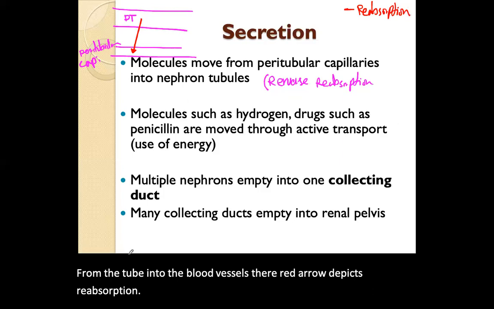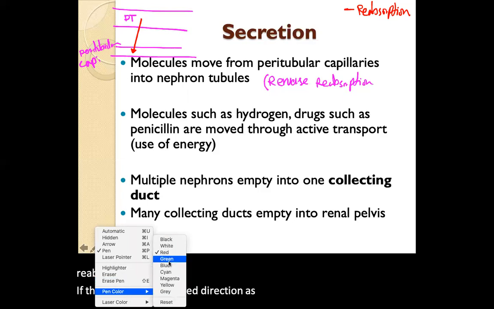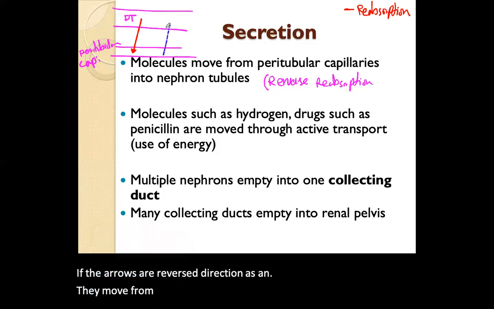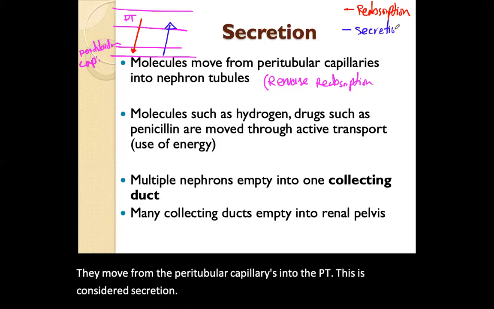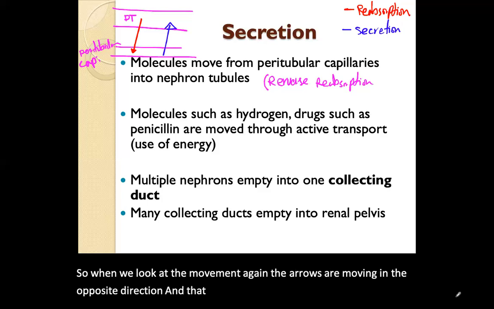If the arrows are in the reverse direction, they move from the peritubular capillaries into the PT, this is considered secretion. So again, the arrows are moving in the opposite direction, and one is reabsorption, the other one is secretion.